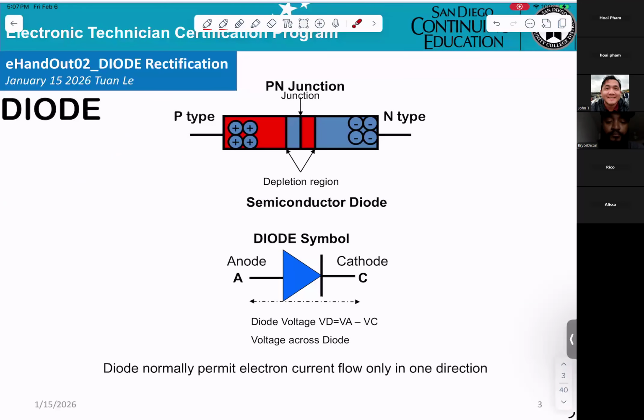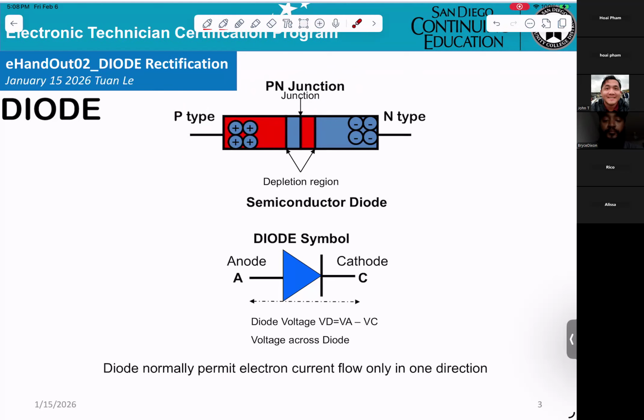Now, they're talking about diode. That's what they call a PN junction. On the P type, they contain positive, the hole.